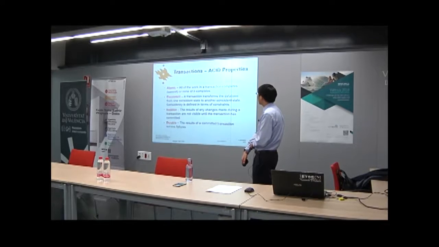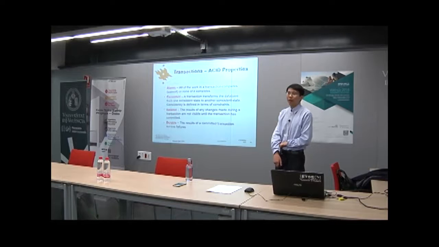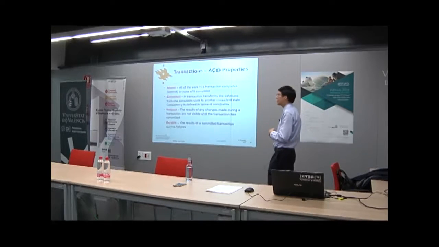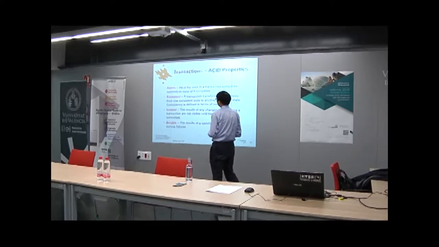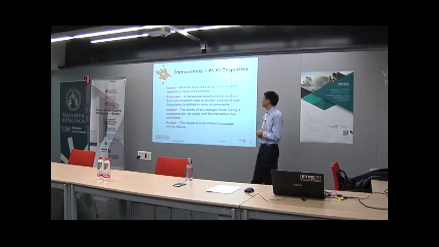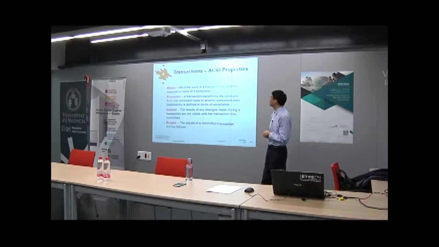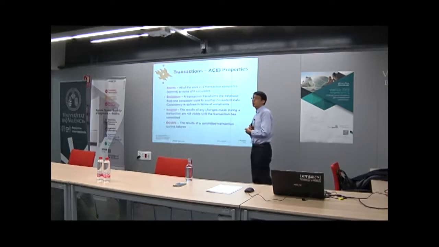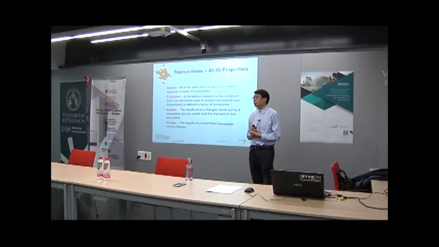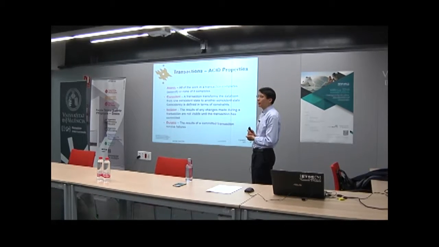When we say ACID properties, we mean the 4 properties for a transaction. Maybe you already learned in your database course, which include the A, atomic. Atomic means that all of the work in a transaction can complete, commit, or fail, or none of it can complete. So each transaction should be atomic. The second is C. C means consistent.